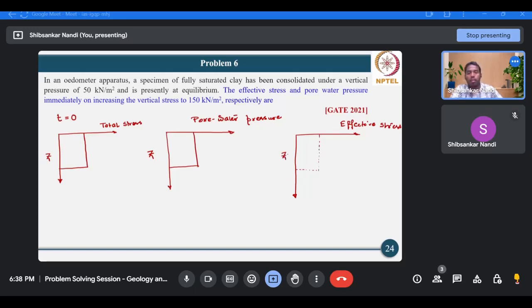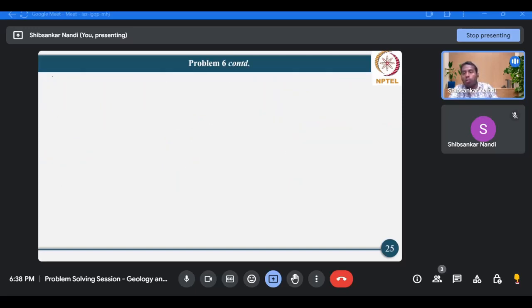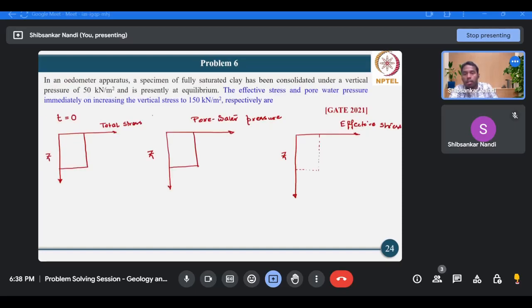This is again z. Now for a time which is between 0 and infinity, what will happen? The total stress remains constant. If we denote it as sigma, so sigma, this is u, this is sigma prime.